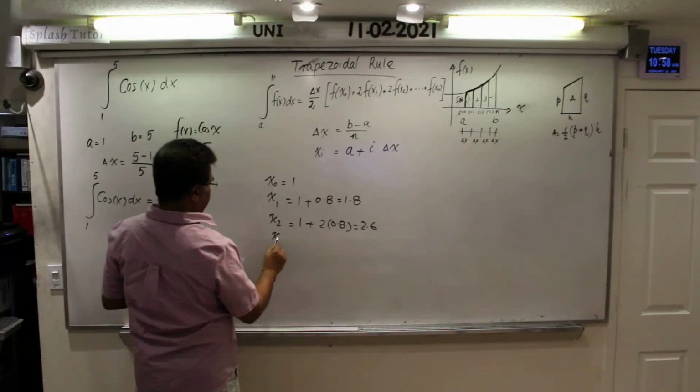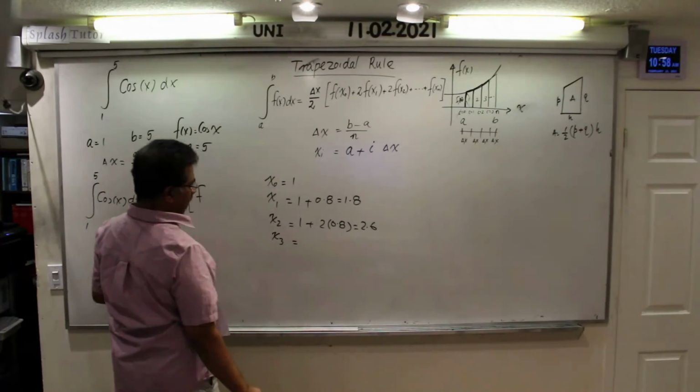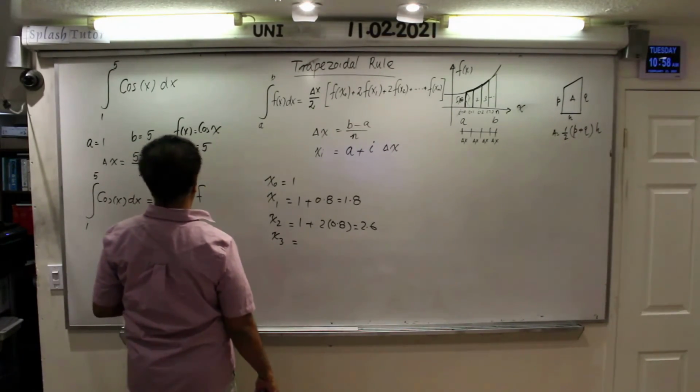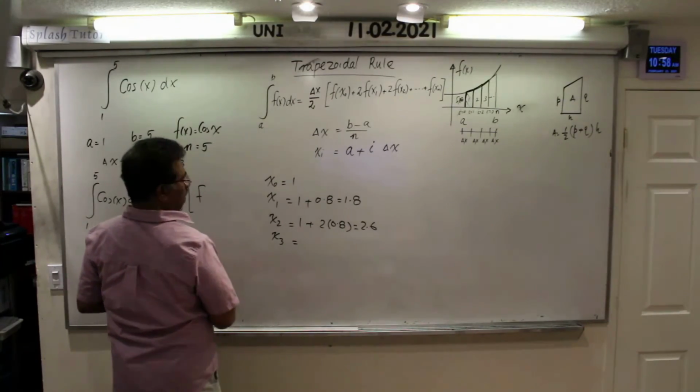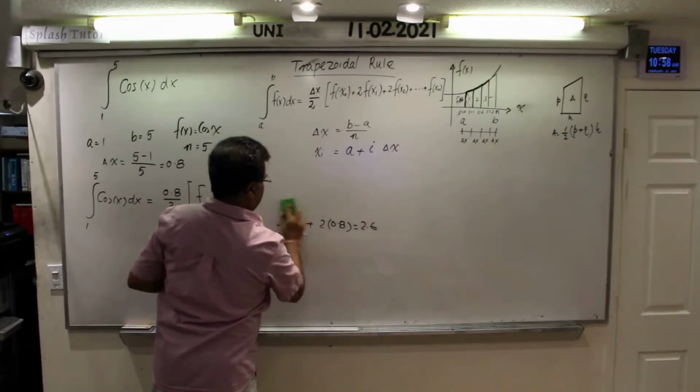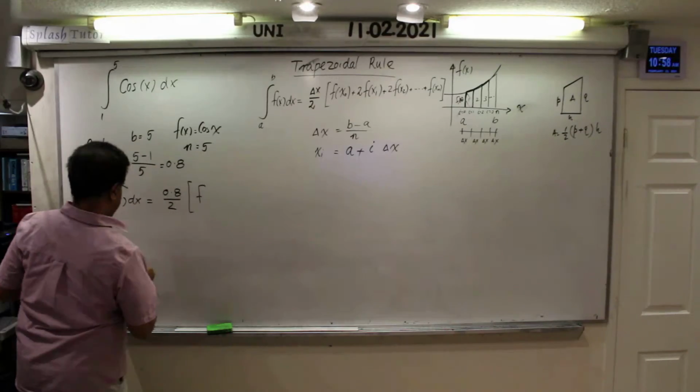And x3, right? I have to write it somewhere else because I need the space here. So we will write in this location.